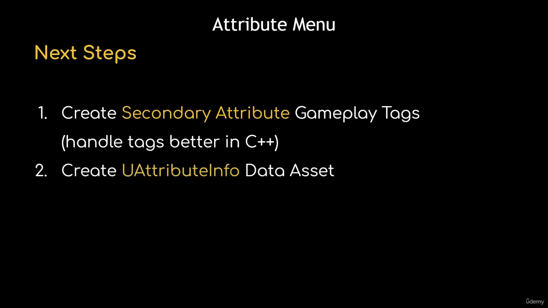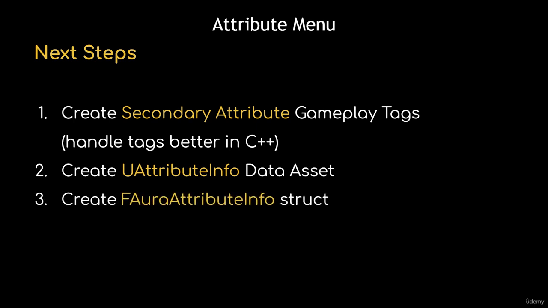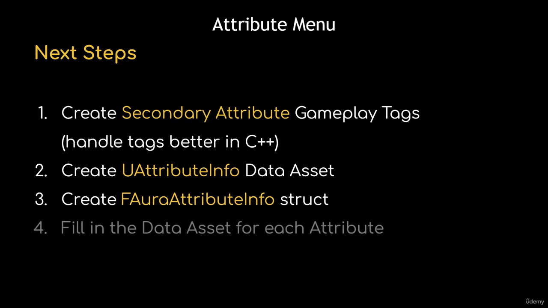We also need an attribute info data asset that can store these structs and allow us to perform a lookup based on gameplay tag to find the attribute info we need so we can broadcast it up to widgets. We also want to create that struct. We'll make an Aura attribute info struct that contains all the information we want to send up to widgets. And then we need to fill in that data asset with those attribute info structs for each attribute.